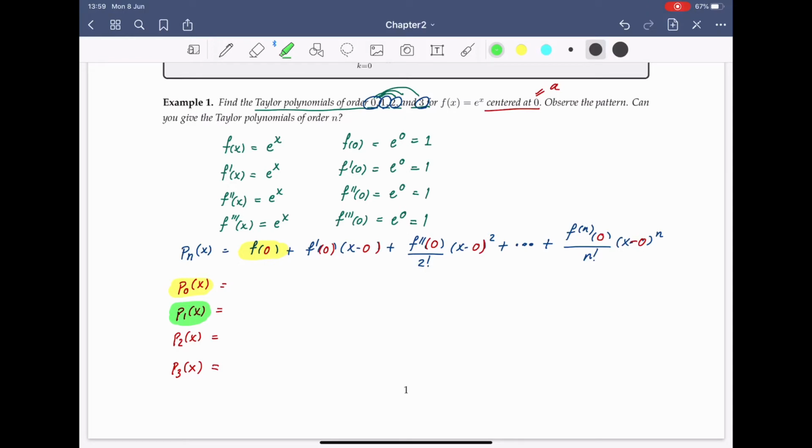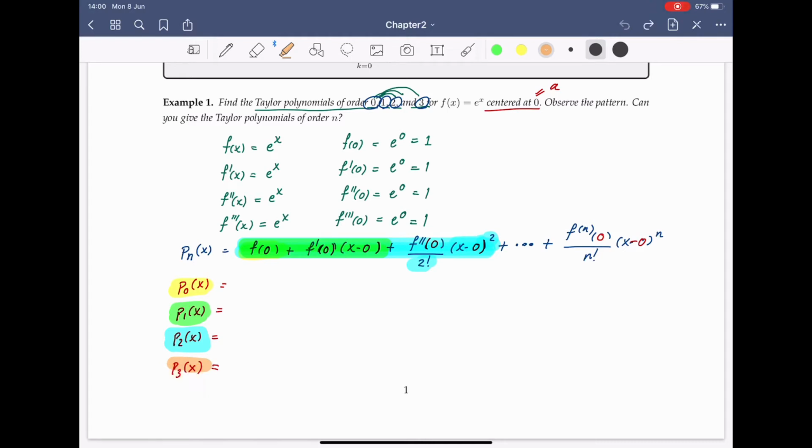That means you need the first two terms. The Taylor polynomial of order 2 includes the first term up to the third term, right? Because you need everything up to the term with second degree. And now, if you need P3(x), you need to expand starting at the beginning up to the fourth term.